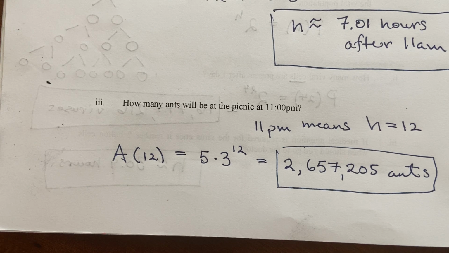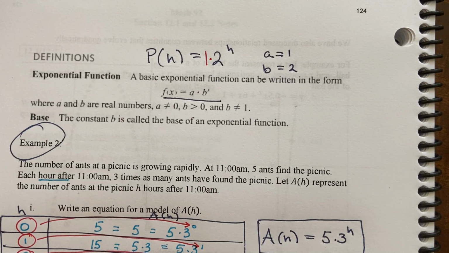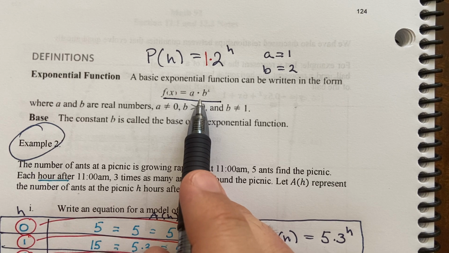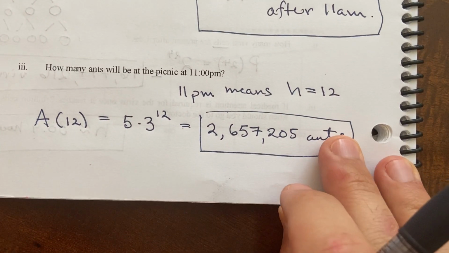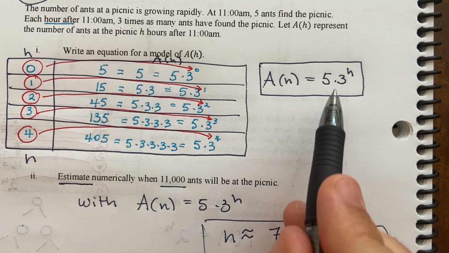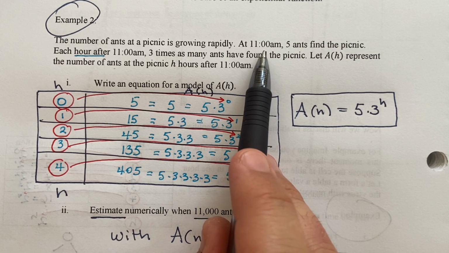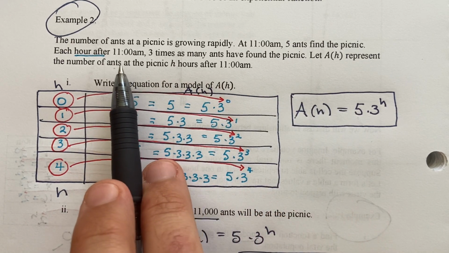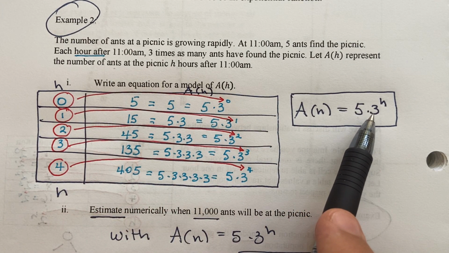All right. Just to summarize, remember up here I was saying that A is like your starting amount. B is kind of like how things are evolving. So notice here's our starting amount, right? It said at 11 a.m., 5 ants. There's that 5. And then each hour after that, 3 times as many. So here's that 3 times.